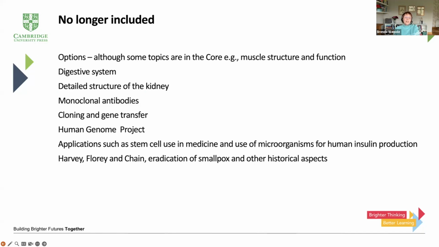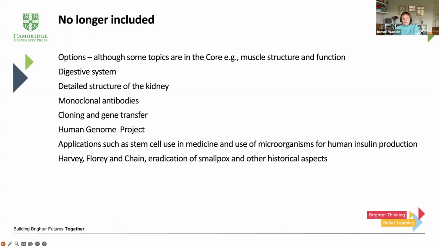The detailed structure of the kidney is now removed from the main part of the course, but there is quite a bit to cover on osmoregulation. Also gone are monoclonal antibodies, cloning and gene transfer, the Human Genome Project, and applications. Many of the applications in the old course are gone.